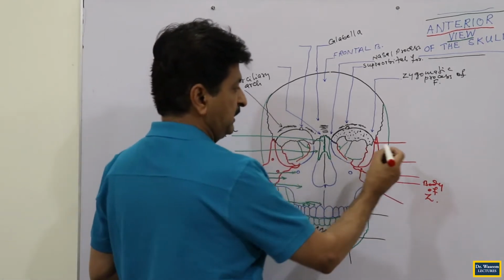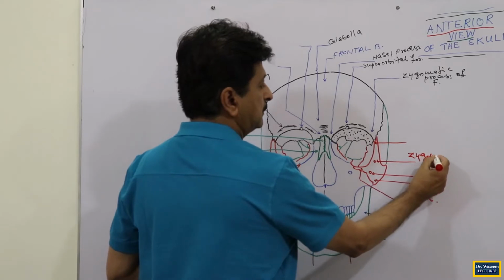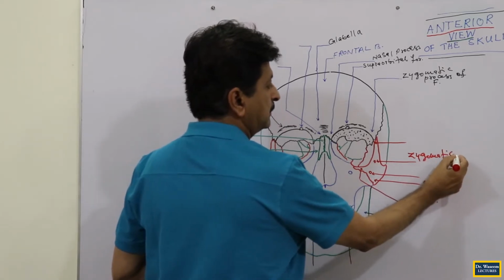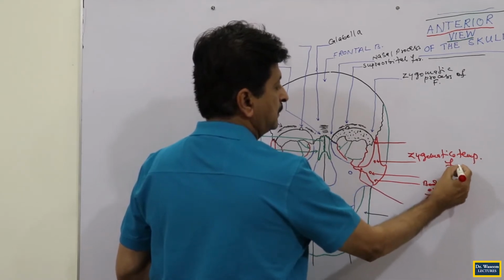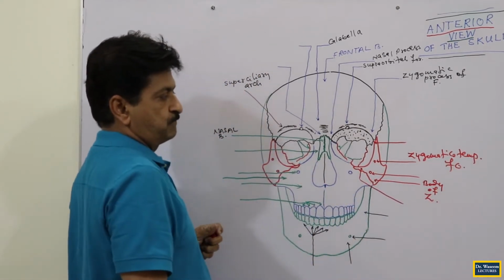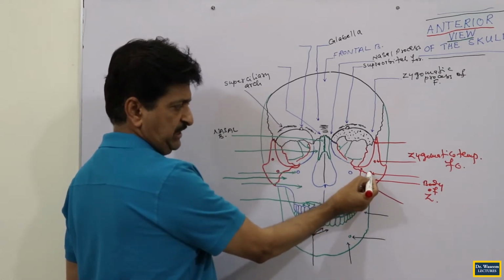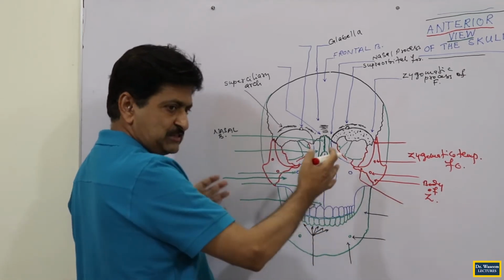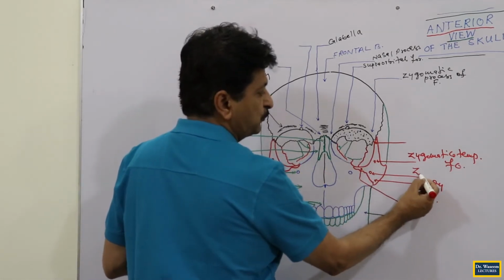Very important foramen. And then another foramen which is in the body, because it's more facing towards the face now, more closer to the face. That's why that is called the zygomaticofacial foramen.